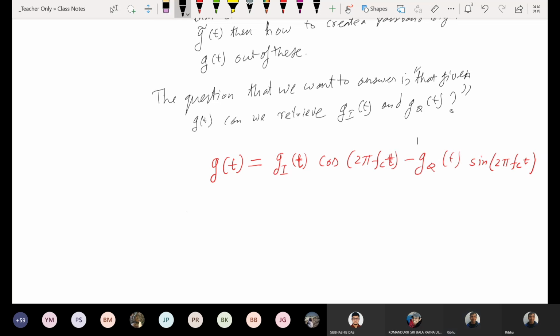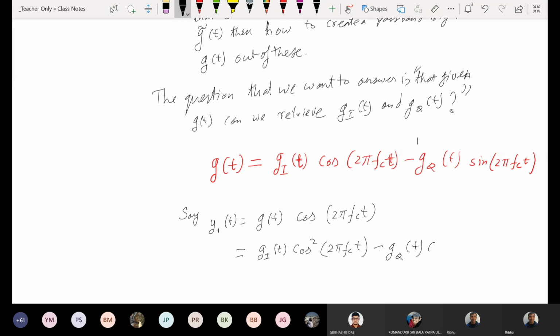Say y1(t) equals g(t) cos 2 pi fc t, equals gI(t) cos square 2 pi fc t plus, or minus actually, minus gQ(t) sin 2 pi fc t cos 2 pi fc t.